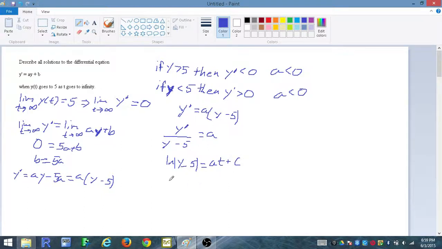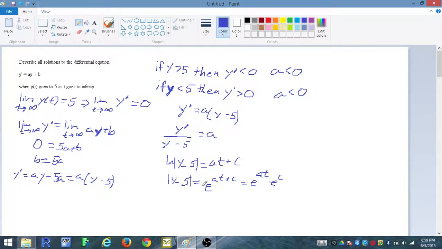Okay, well, let's take the exponential of both sides. We have absolute value of y minus 5 is equal to e to the power of at plus c. And let's rewrite this as e to the at times e to the power of c.